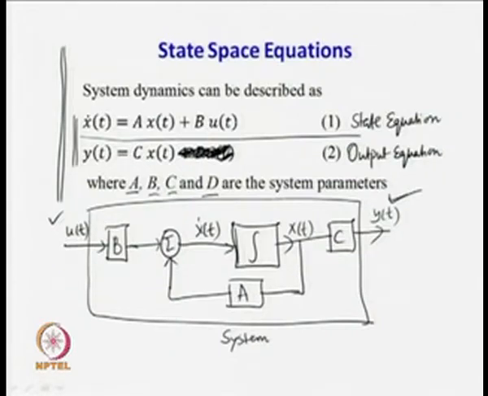So, the dynamic equation, the state and output equation, can be obtained from this block diagram representation of the system. Now, A, B, C are the system parameters, because those are coming inside the state of the system. D we will not consider, because we have removed the D from the output equation.